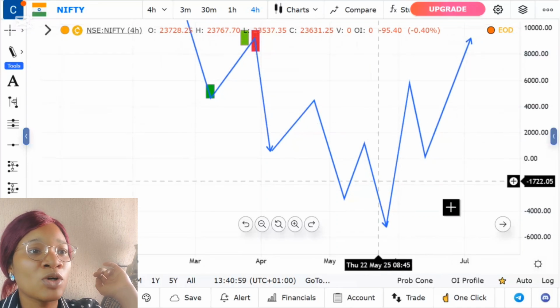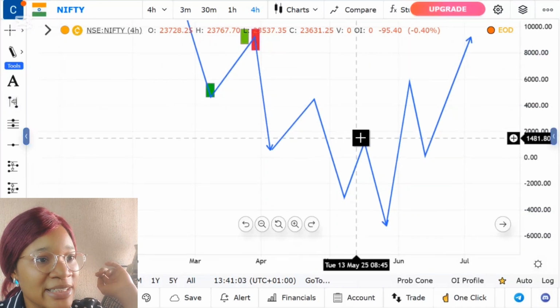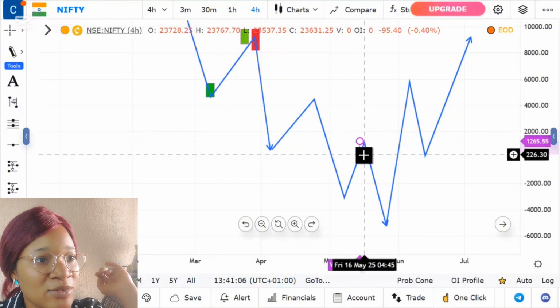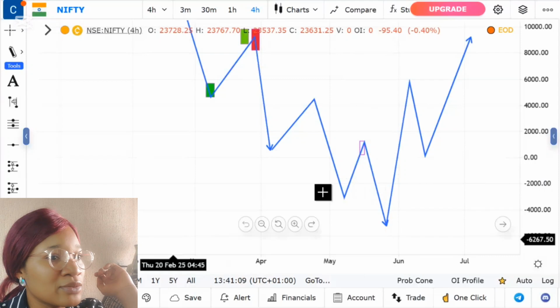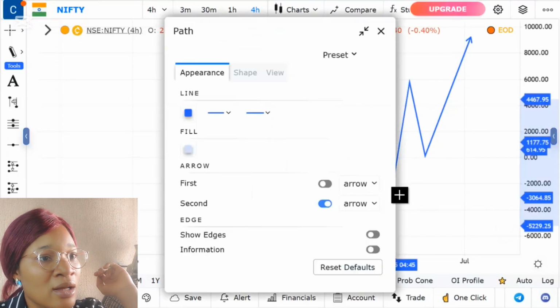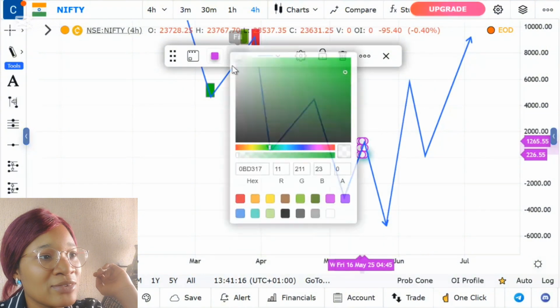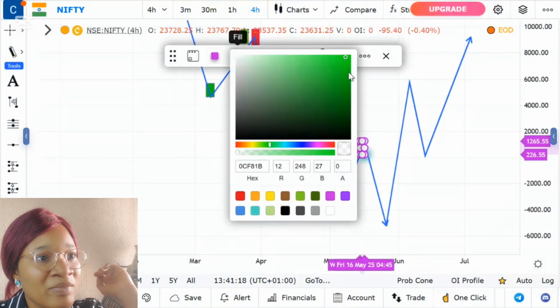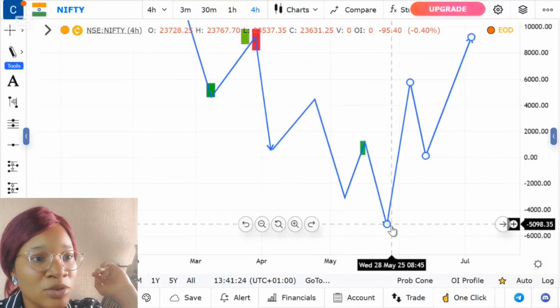So there would be a bullish candle sitting right here at the end of this swing high. Let me make that a green candle. And of course, we'll be waiting for price to come here and continue the movement.